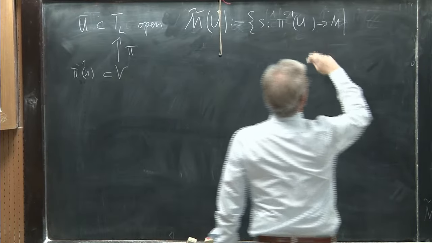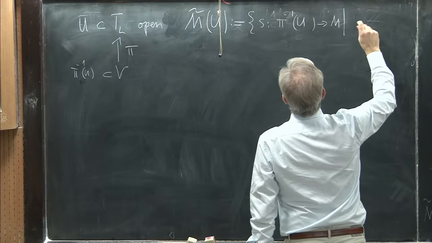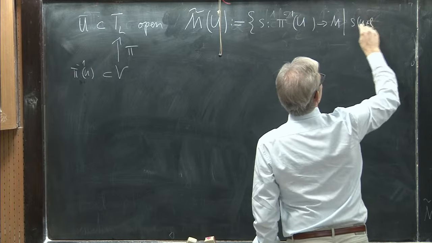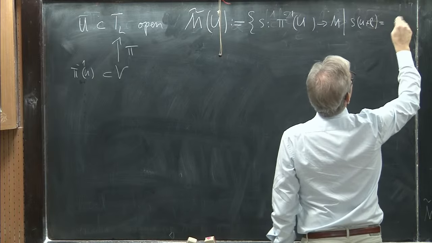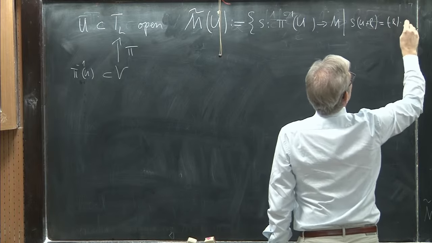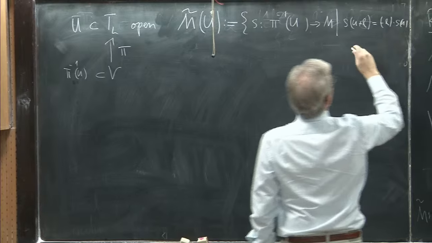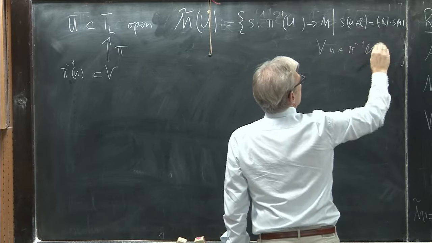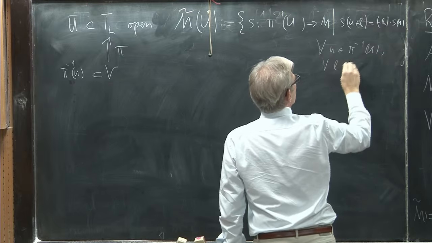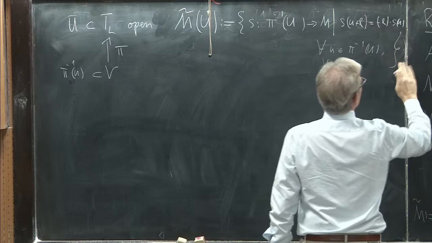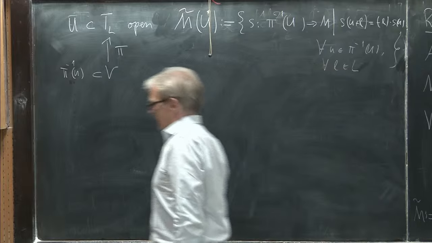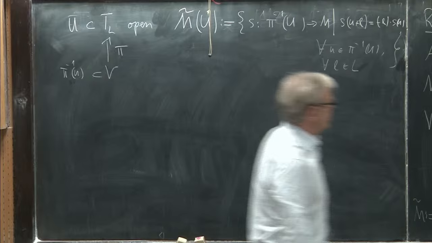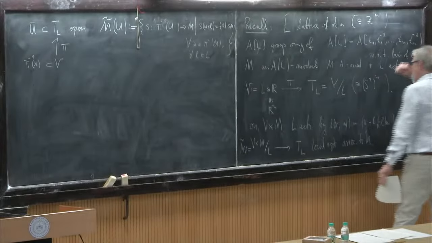These are the maps which satisfy the following: if you take S of U plus L, it should be minus L times S of U. And this is for all U in the inverse image and for all L in the group. You can write it down like this. So that's what a local system is.